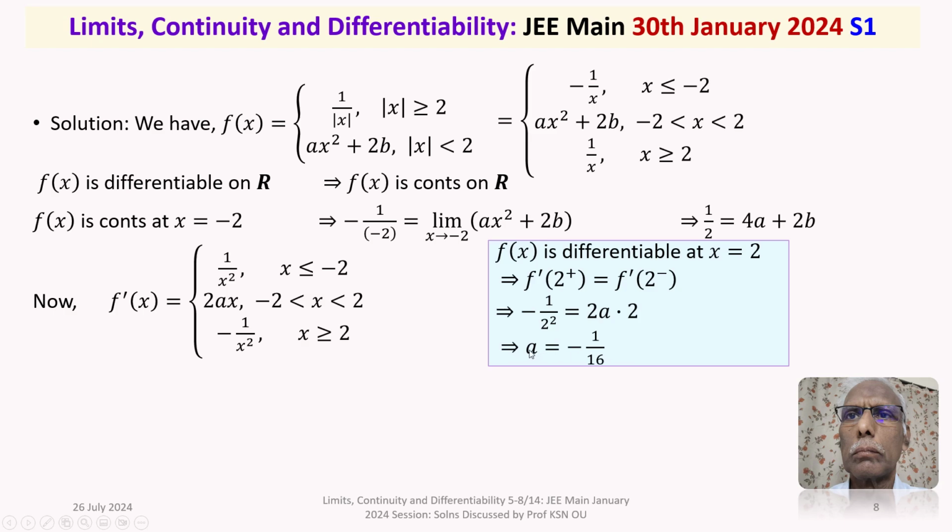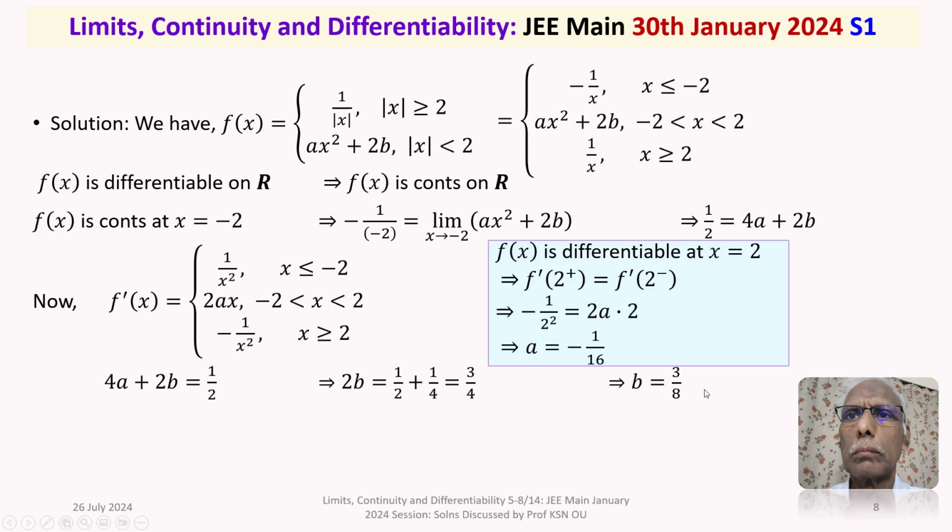Now, we got the value of a and we have a relation 4a plus 2b is equal to 1 by 2. Substitute the value of a, then you will get the value of b. Simplify. You will get 2b is equal to 3 by 4, that is b is equal to 3 by 8.